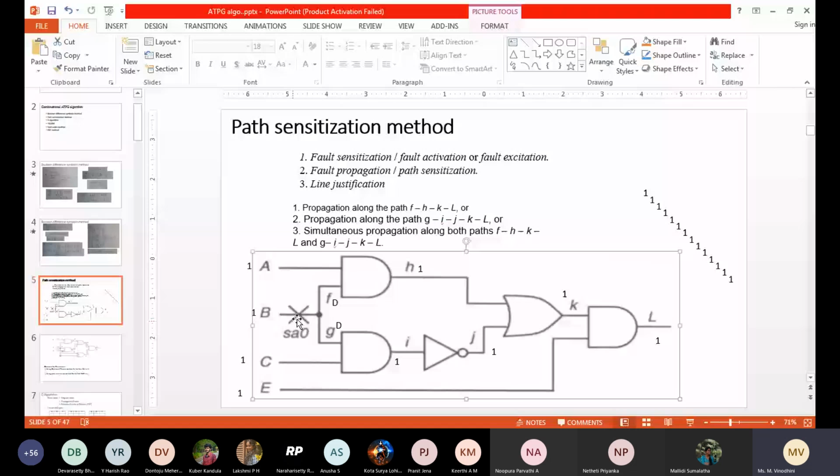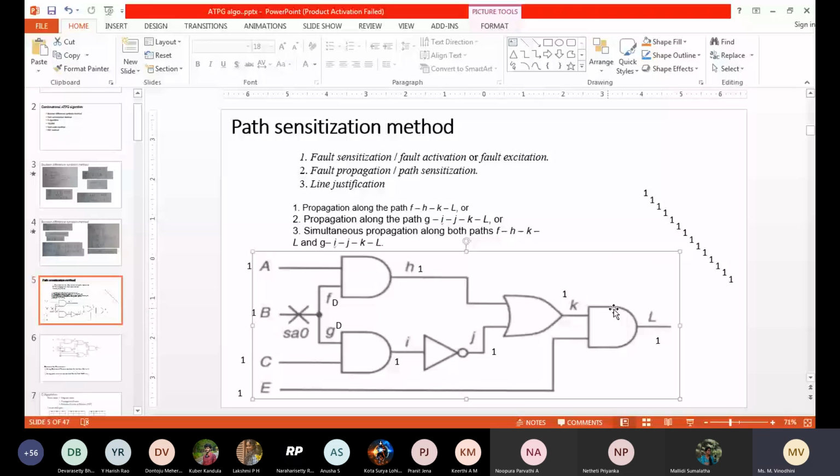That fault effect will be there in both fan-out branches, F and G. So F is D, G is D. But as of now, we are considering only the path FHKL, so let me concentrate only on this path.